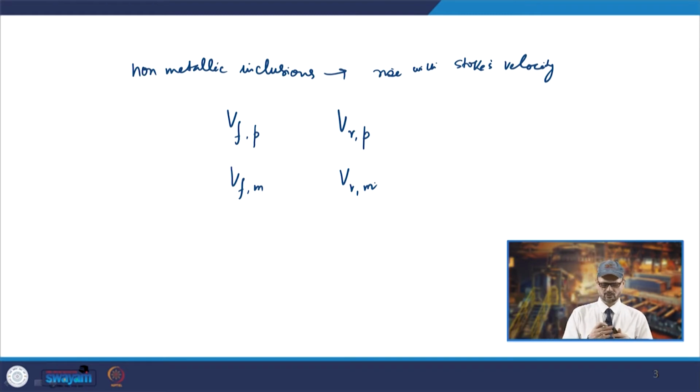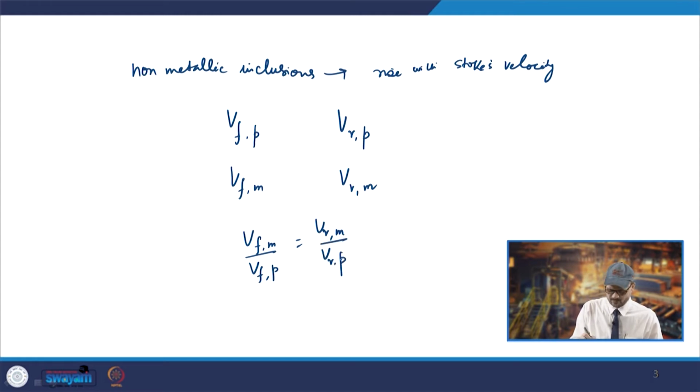So, you will have the similarity of particle trajectories. That is what you would like to get. You would like to have the simulation in such a way that the similarity of trajectories is also found, and for that a condition needs to be satisfied, and that is that Vfm upon Vfp should be the same as Vrm upon Vrp.